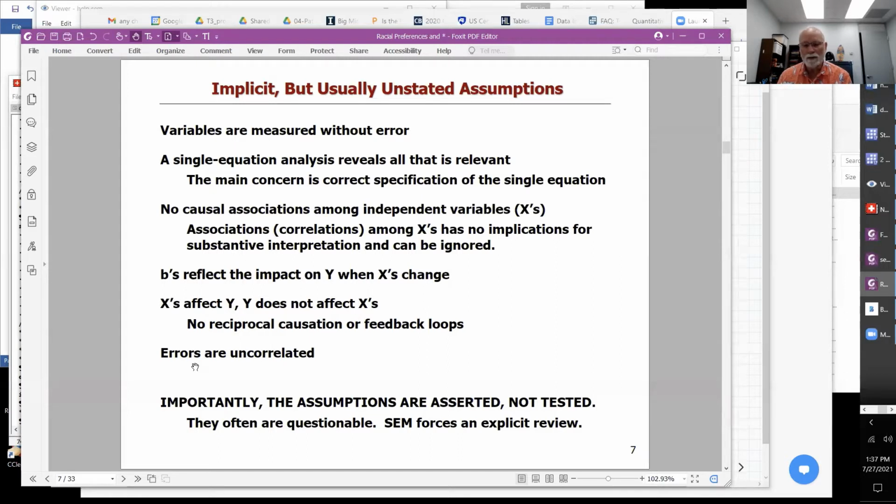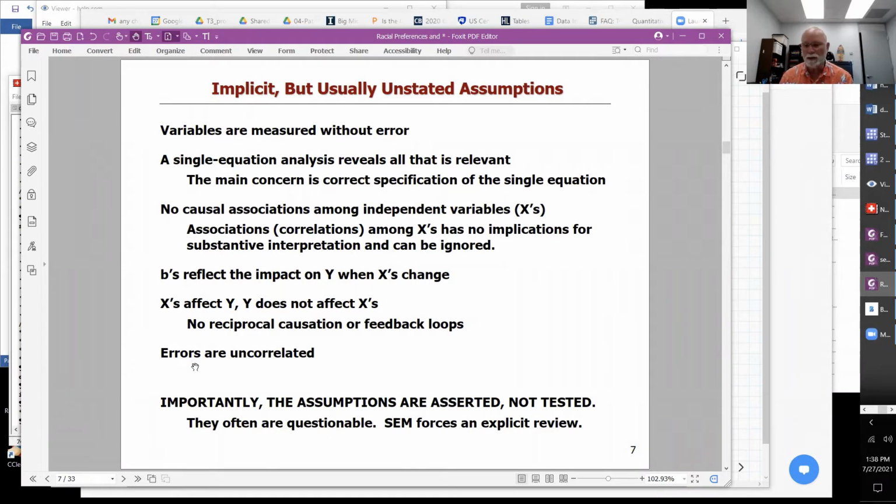We're thinking about autocorrelation, maybe spatial autocorrelation or time series autocorrelation, and sampling issues like using multi-stage probability samples causes errors to be clustered. So that's one set of thinking about errors that you do think about in single equation models.